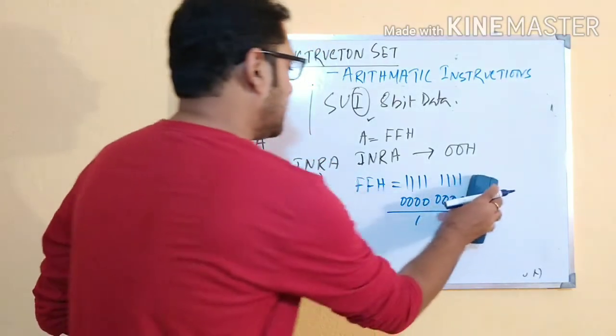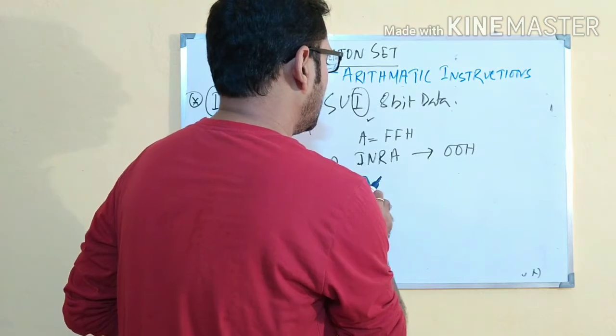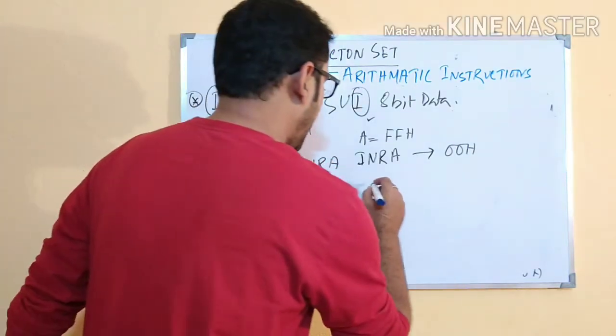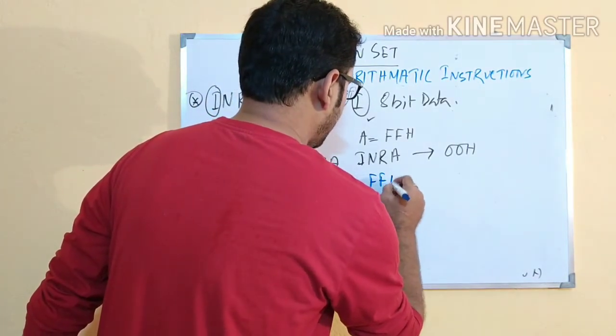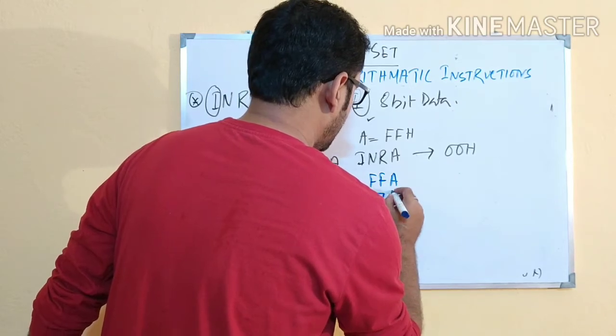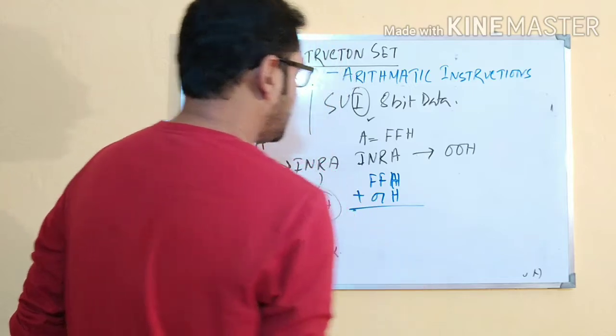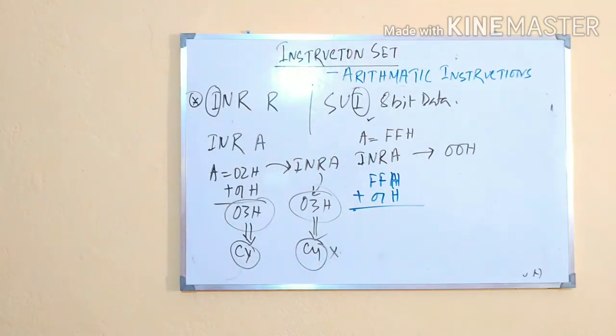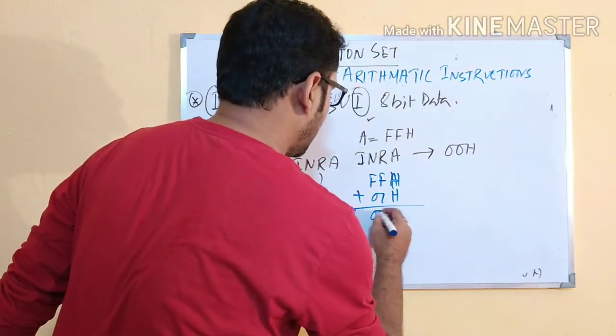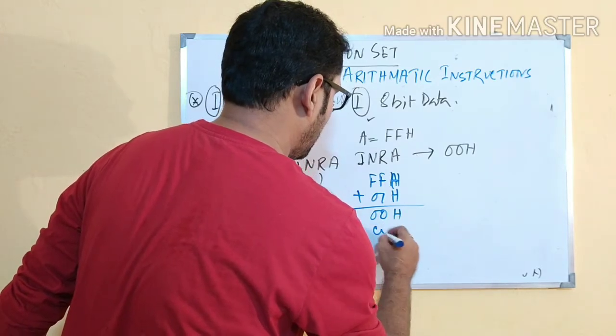But if I add FF plus 01 hex, then what will be the result? The result will be once again 00 hex, but carry flag will be set.